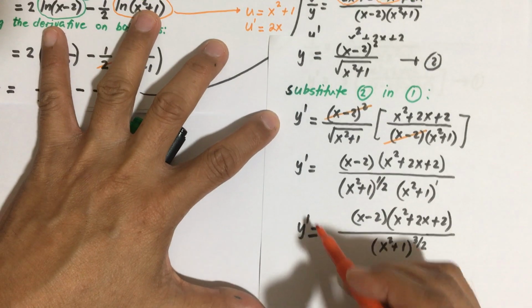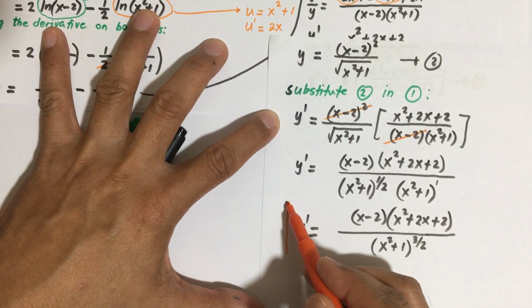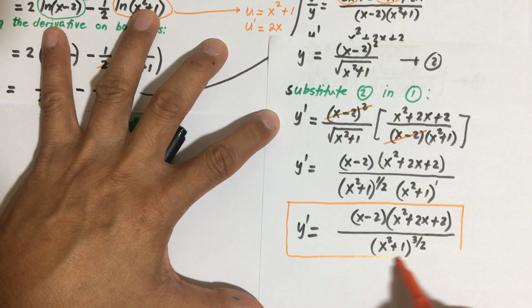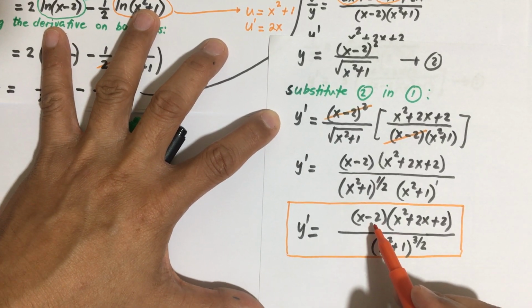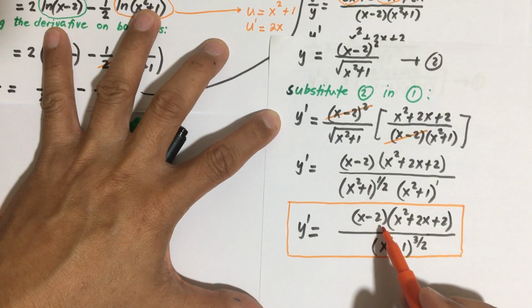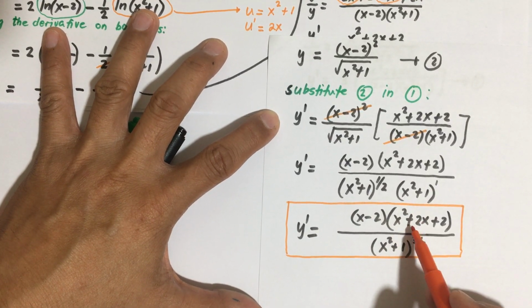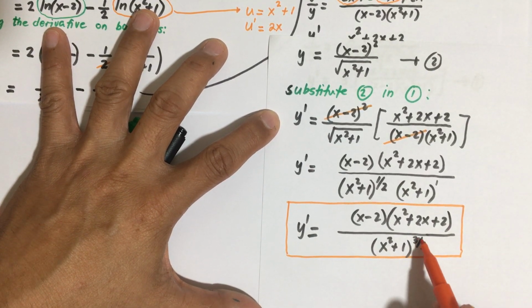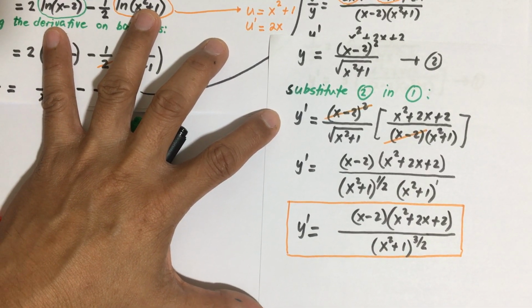y prime equal to quantity x minus 2 times quantity x squared plus 2x plus 2, divided by x squared plus 1 raised to power 3/2.